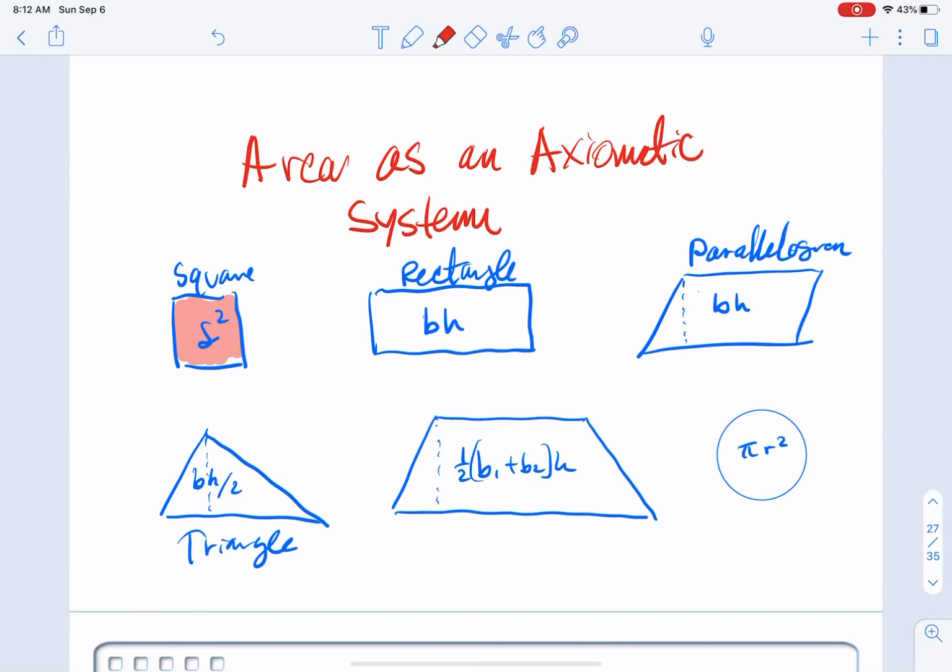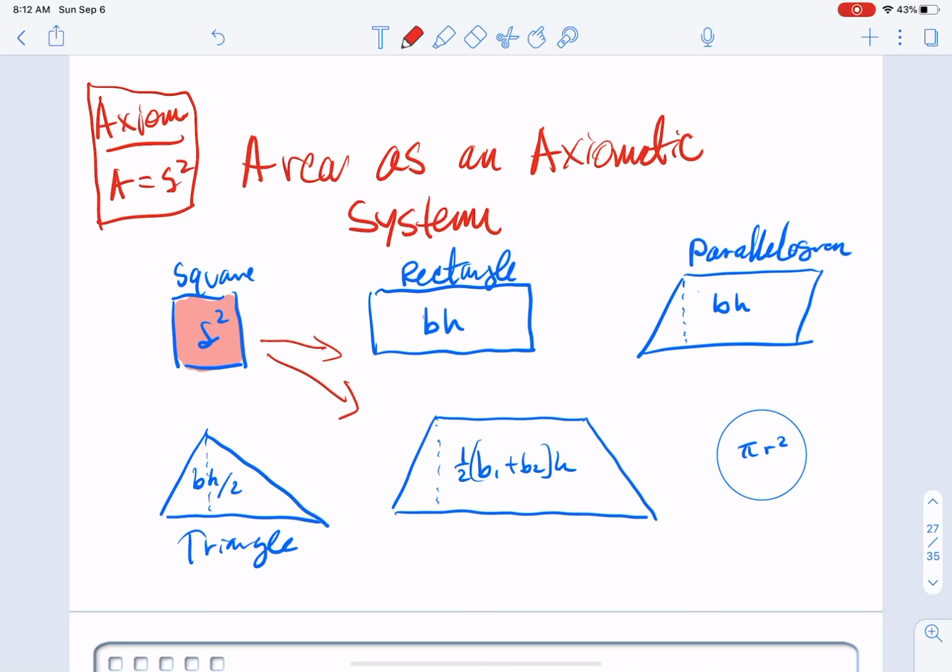So we're going to demonstrate how we can use the square to come up with the other area formulas. We accept this one as the axiom or postulate: A equals s squared. Nobody's going to have to prove that one. We're just going to go, okay, I'm fine with that. And then show how that can help us come up with the area formula for a rectangle, a parallelogram, and so on.